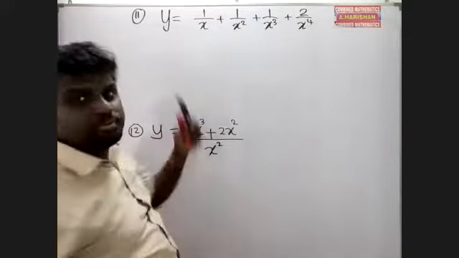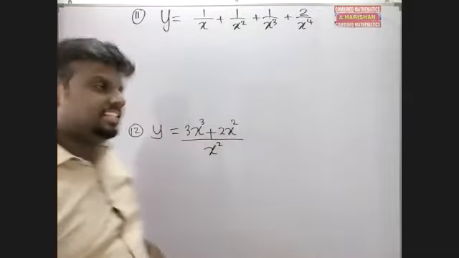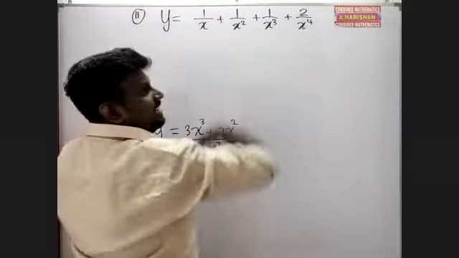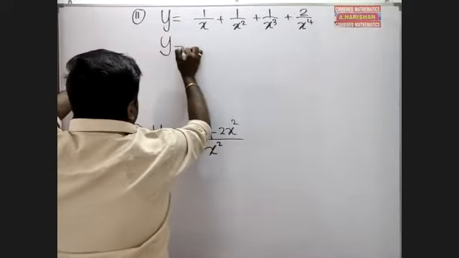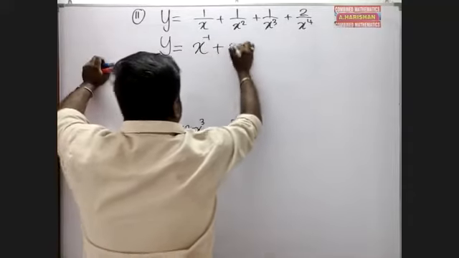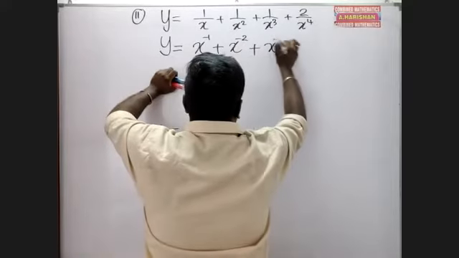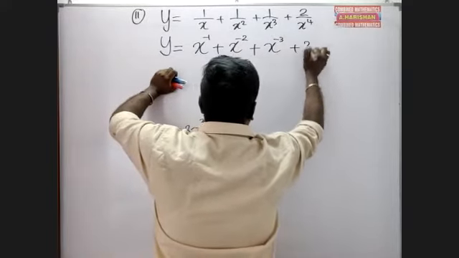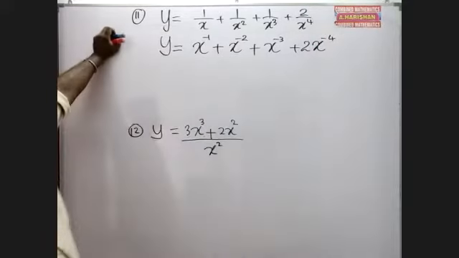First of all, you have to make sure to write in the powers: y equals x to the power minus 1, x to the power minus 2, x to the power minus 3, 2 into x to the power minus 4. That's it.